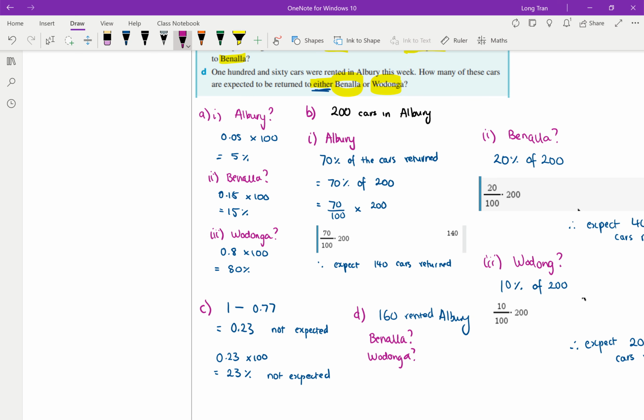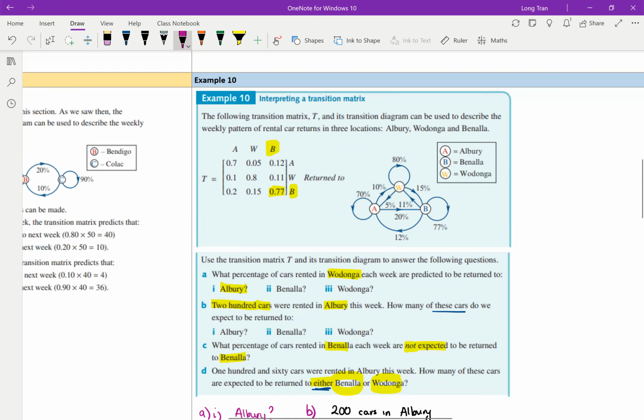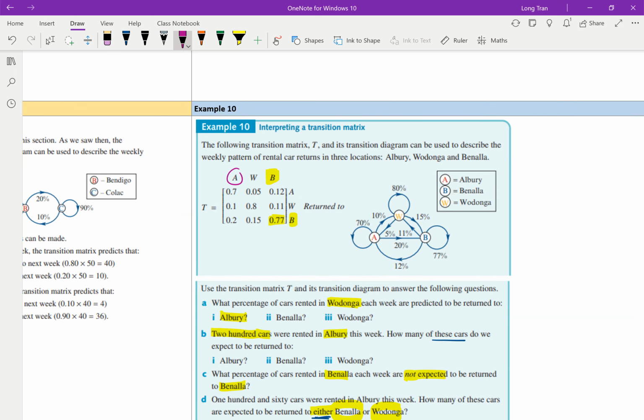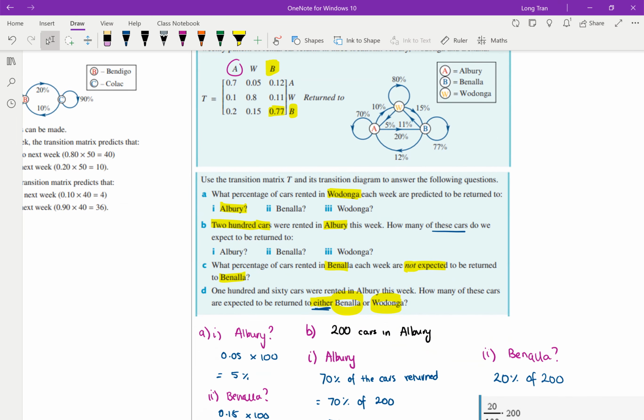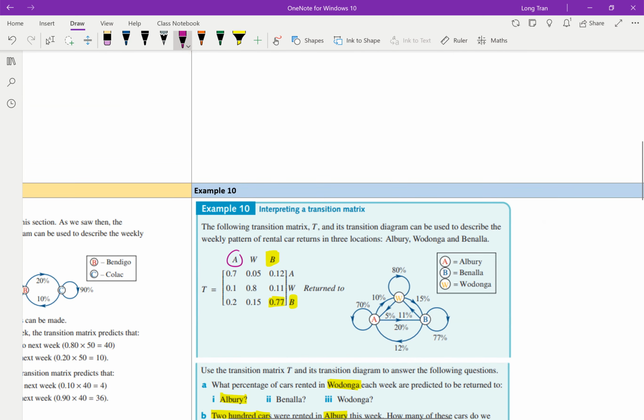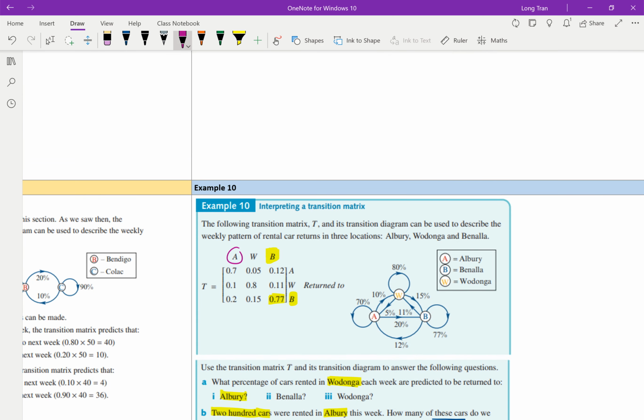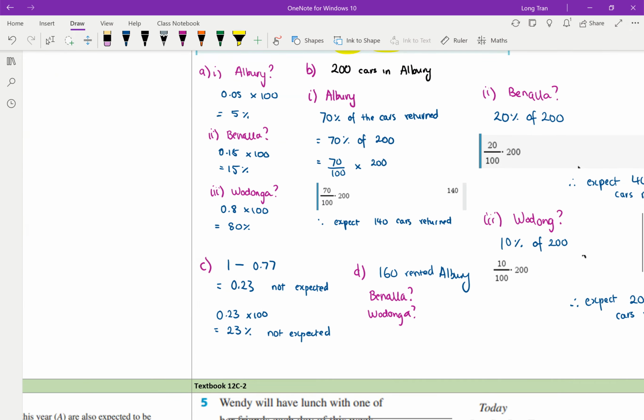So rented from Albury, returned to, actually, did we answer that question? Oh, no, because it's 160 cars now. So rented from Albury, returned to Benalla is 20%, and returned to Wodonga is 10%. All right, so we've got 10 and 20%.